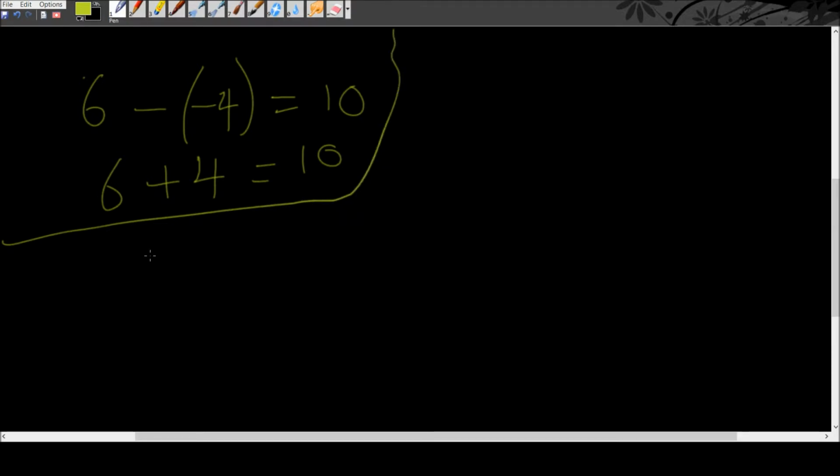Subtracting a negative will basically change your sign to a positive. So again, we've got 7 take away -2. That will also be the same as 7 plus 2, which will give you 9.